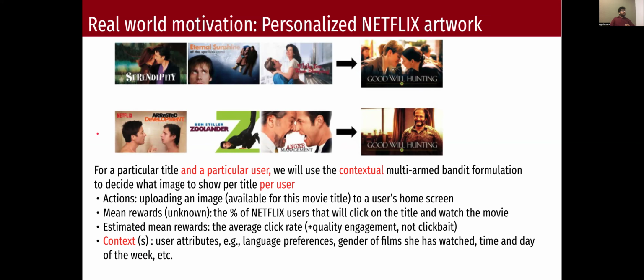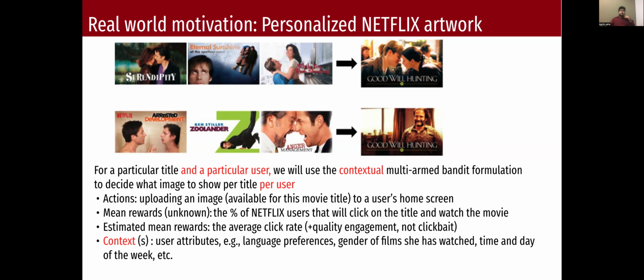Now I will talk about a real world motivation, a real world problem. I also discussed some portion of this real world problem in an earlier lecture. So I'm defining the problem statement. For a given movie title and a specific user, decide which image to show on the user's home screen to maximize engagement. The key components are actions.